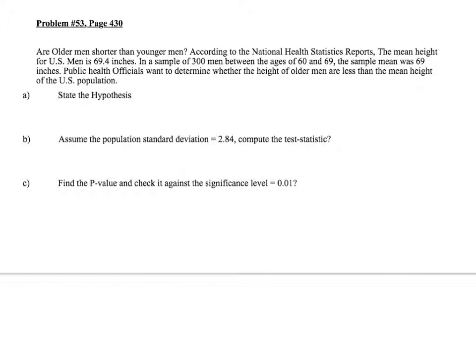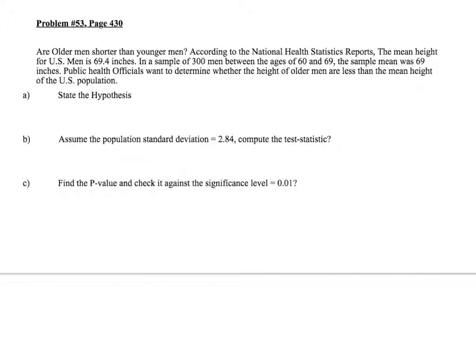So problem 53 on page 430 is an example of one of the problems you may have on your tests or certainly on any sort of project. Here, older men are shorter than younger men. That's the question. According to the National Health Statistics Report, the mean height for men is 69.4 inches.